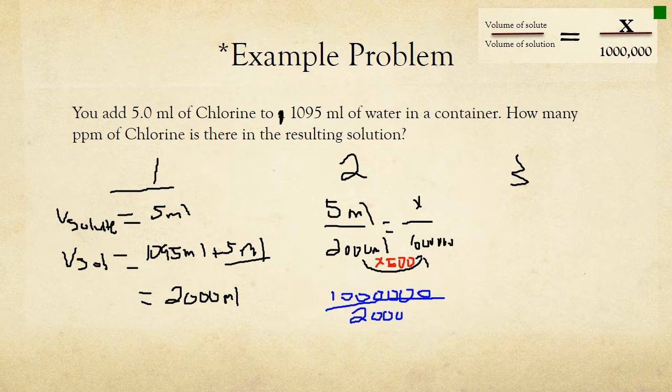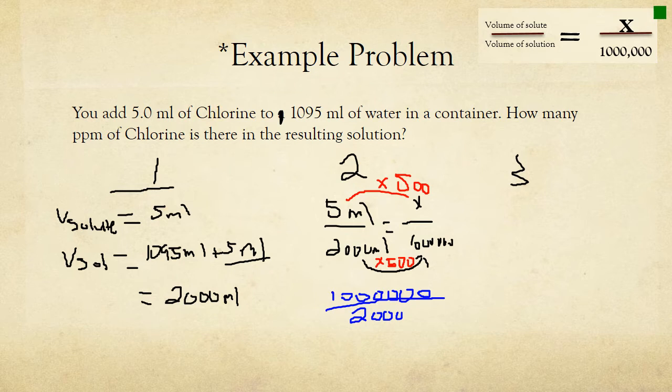Now that you know how to go from 2,000 to 1,000,000, what you do to the bottom, you have to do to the top. So we're going to go 5 times 500. That's what you do in your second step: you show all your work.